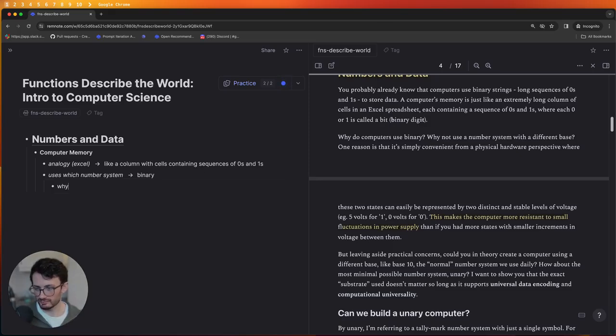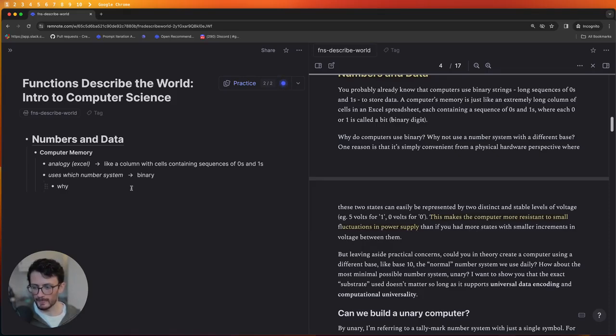Here's the issue. There are two reasons why. It's not just a single reason. So the two reasons are, one, it can easily be represented by two distinct and stable levels of voltage. So it's easy to represent electrically. And then the second reason, which is an extension of the first one, is that this makes the computer more resistant to small fluctuations in power supply.